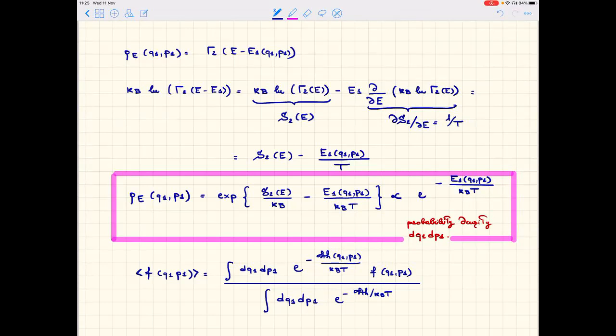You see? And now what I'm saying is that I can now go back and interpret this rho of E as the phase probability density to observe my subsystem, not my entire system, my subsystem in a phase space volume dq1, dp1.